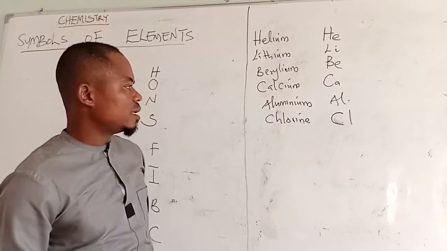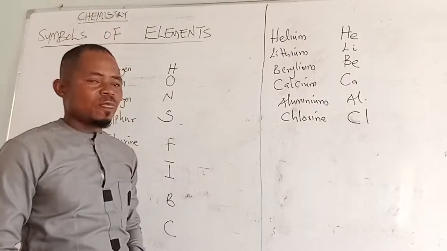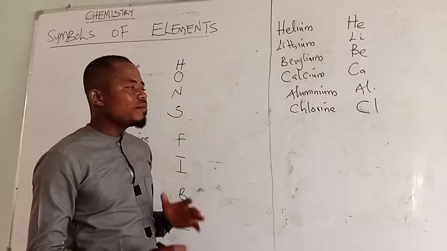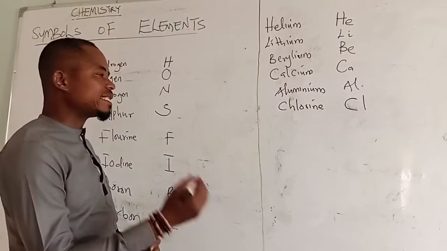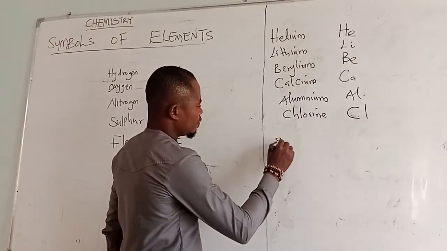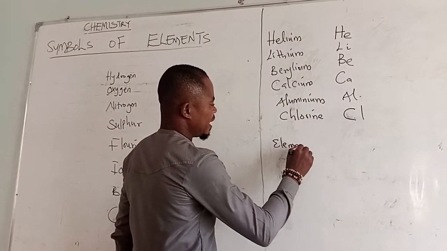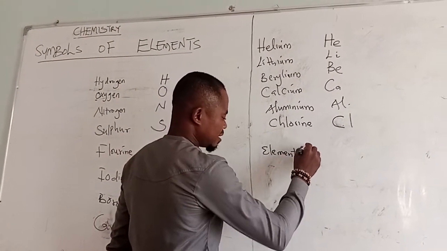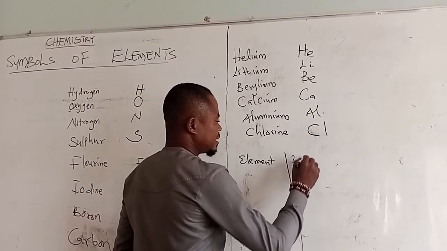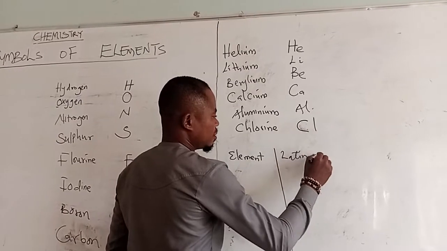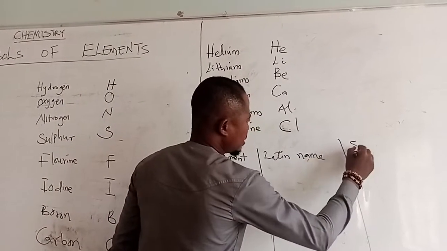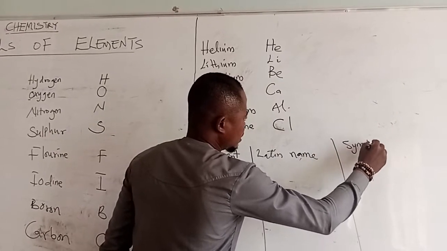lowercase. The third set of representation with symbols is where the symbol is derived from the Latin name of the element. So we have the element, we have the Latin name, and then the symbol.